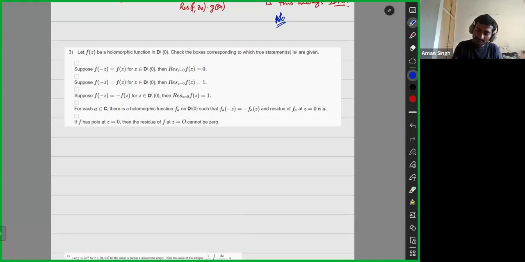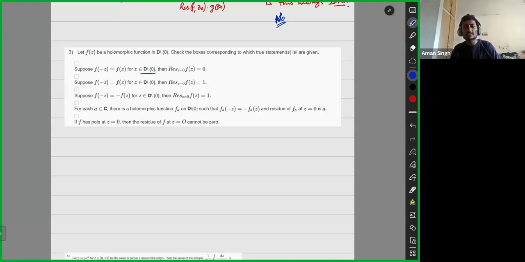Fine. Now we are coming to the third question. We have been given some condition on the function, and we have to calculate the residue at 0. The function is defined on D minus 0, the unit disk minus 0. They say that if you put minus z in place of z, the two agree.